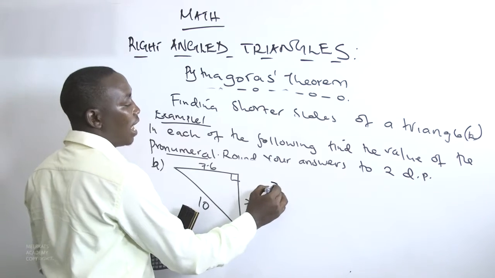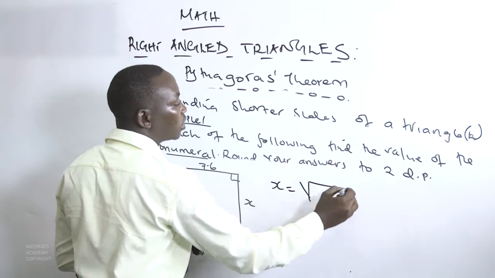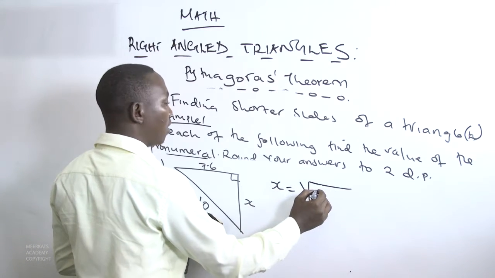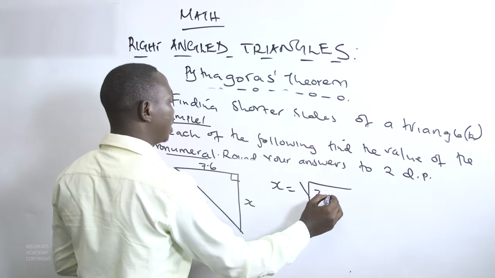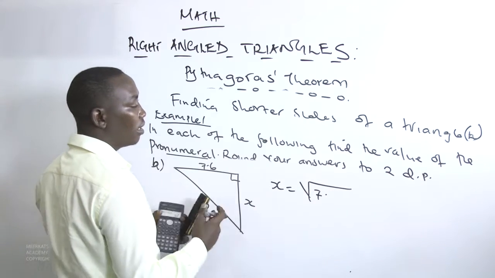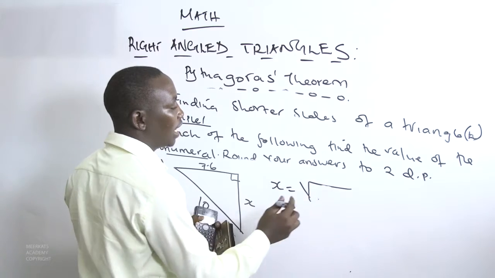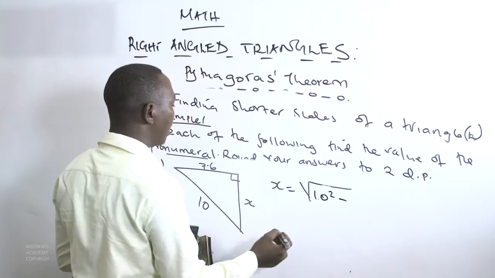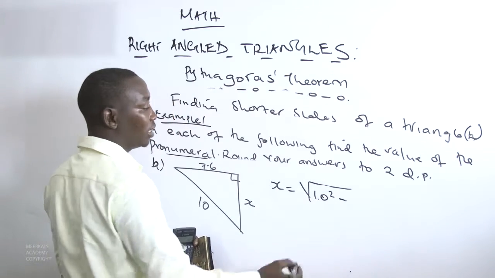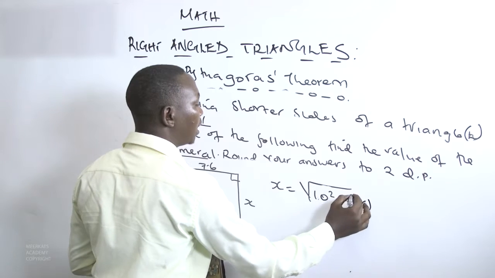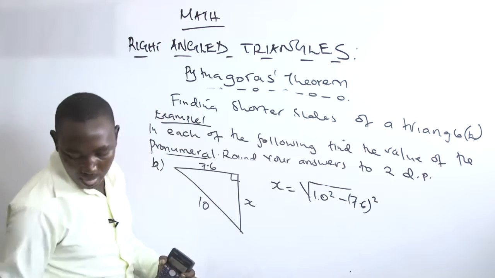One of the shorter sides, X, is equal to the square root of the longer side, which is now 10, so that will be 10 squared, subtract one of the given shorter sides, which is 7.6 squared.